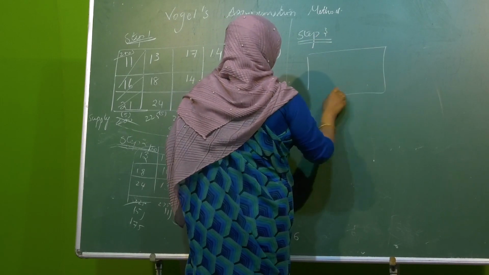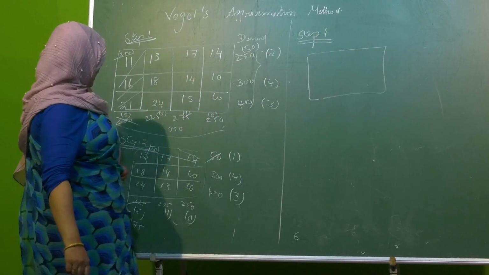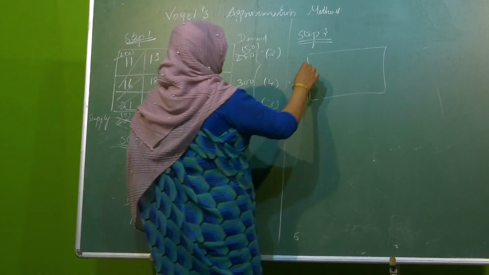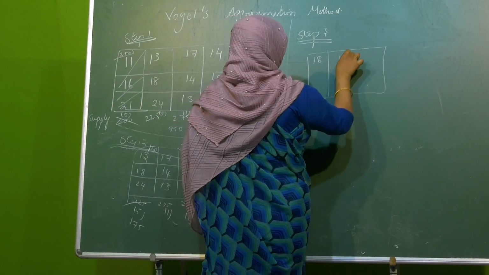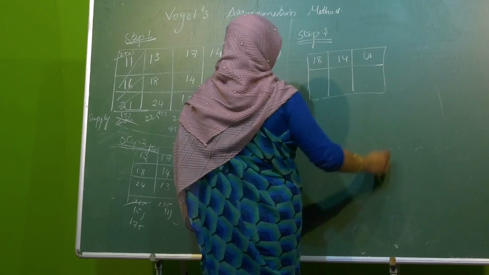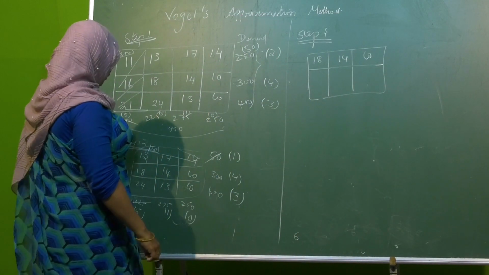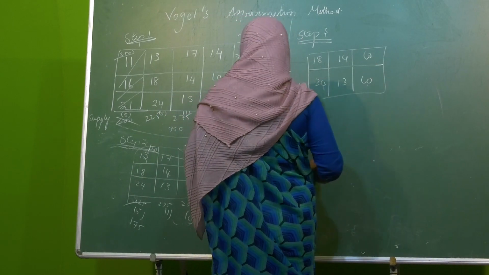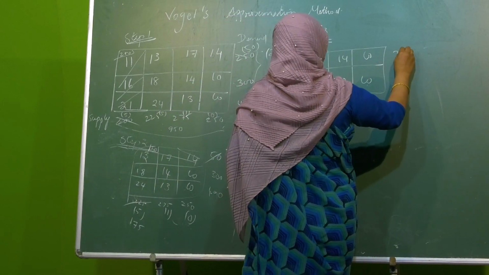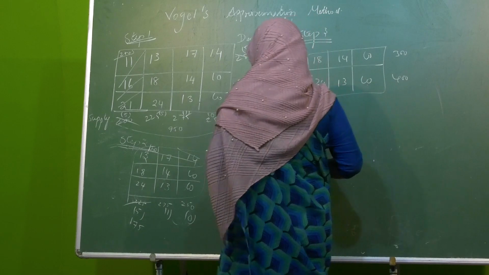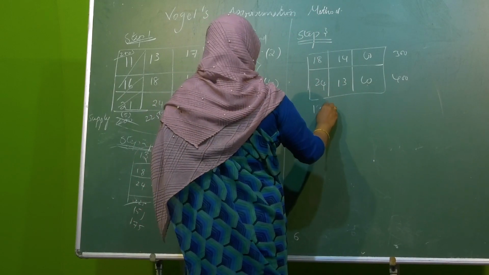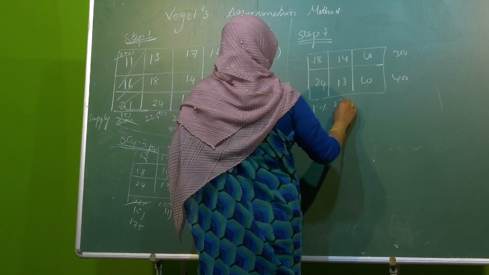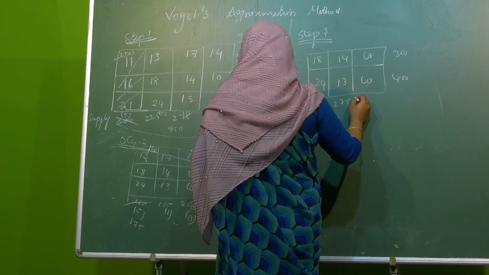So what is the remaining element? 18, 14, 10 and 24, 13, 10. So 300, 400, 175, 275.